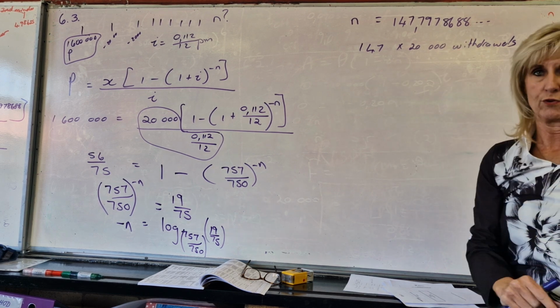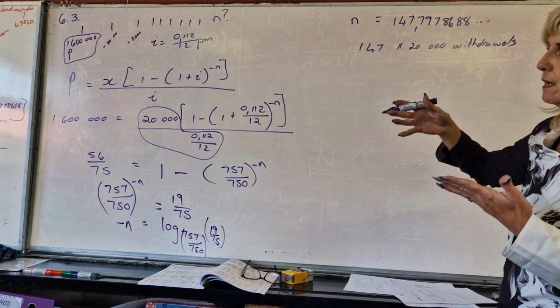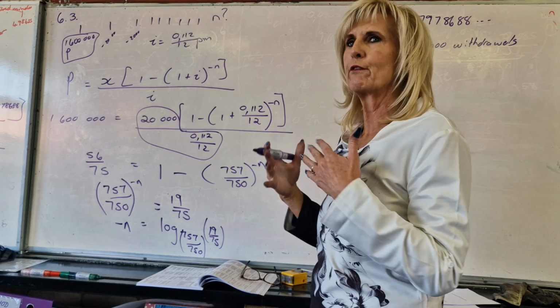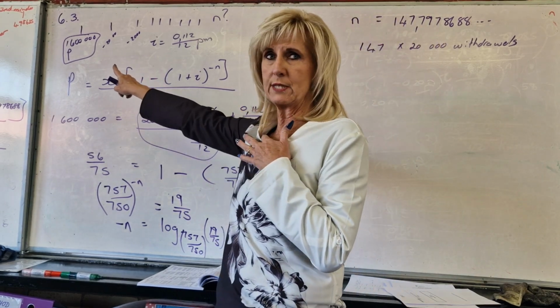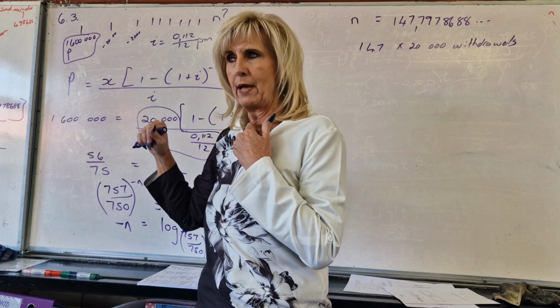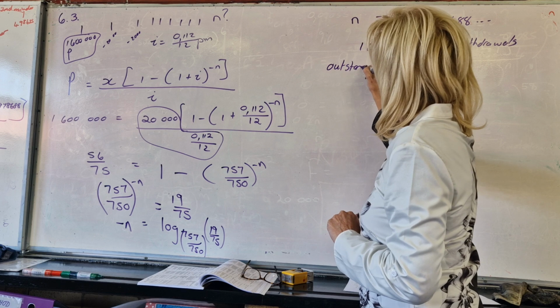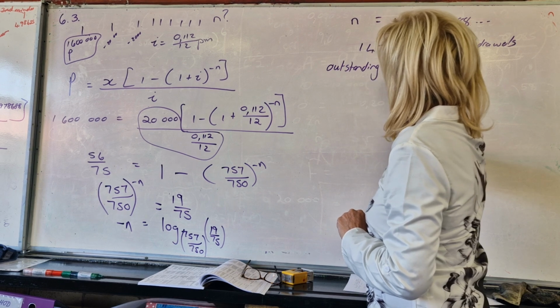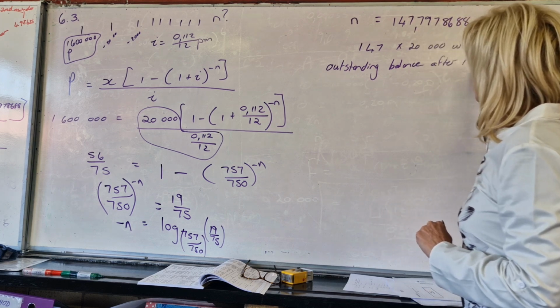What could I have asked? What is the amount left? Let's change the sum around for ourselves. If I said, you loan 1.6 million and you pay that, how many times will you have to pay? I'm asking now, what is the amount left after 147 months.